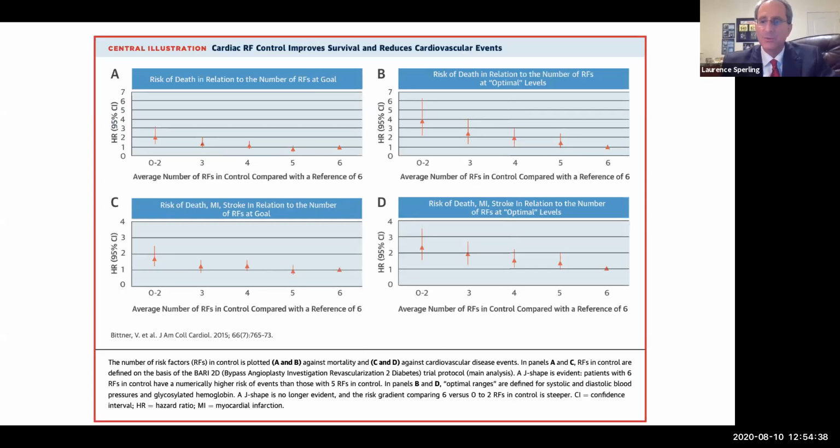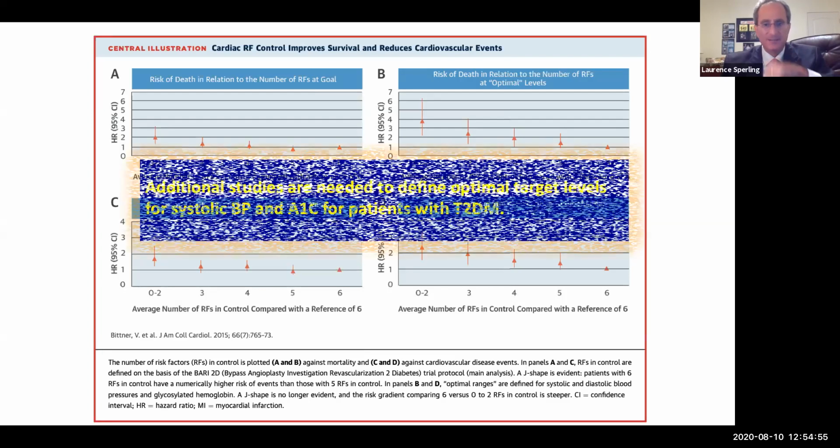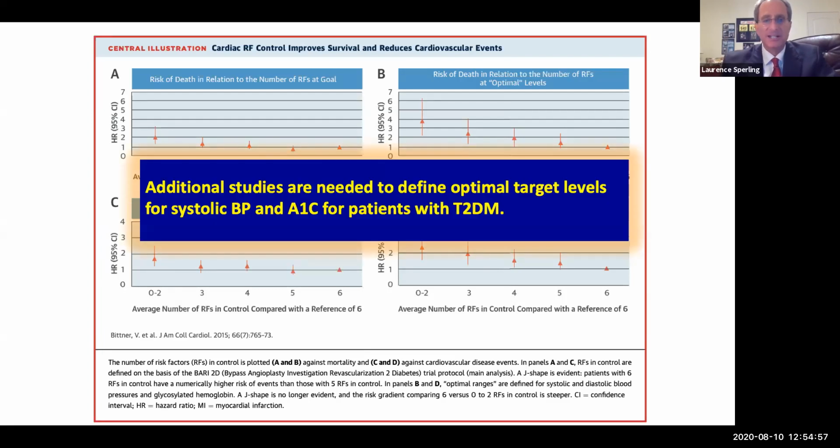It's actually whether you focus on comprehensive risk factor reduction and achieve comprehensive risk factor reduction. So a real linear relationship between risk factors at goal and risk factors at optimal levels. Next slide.